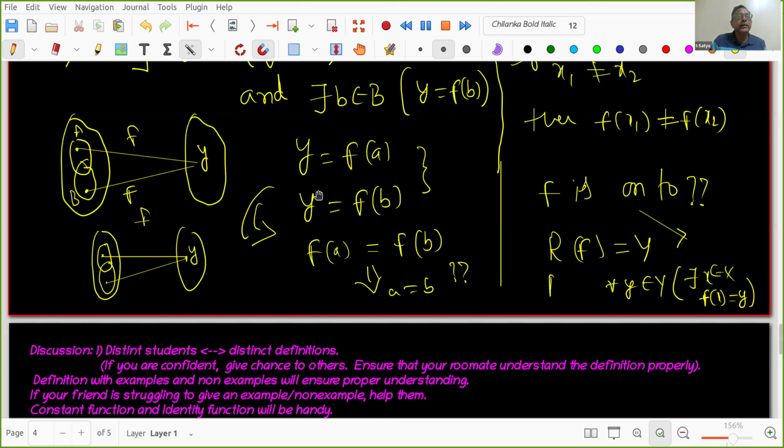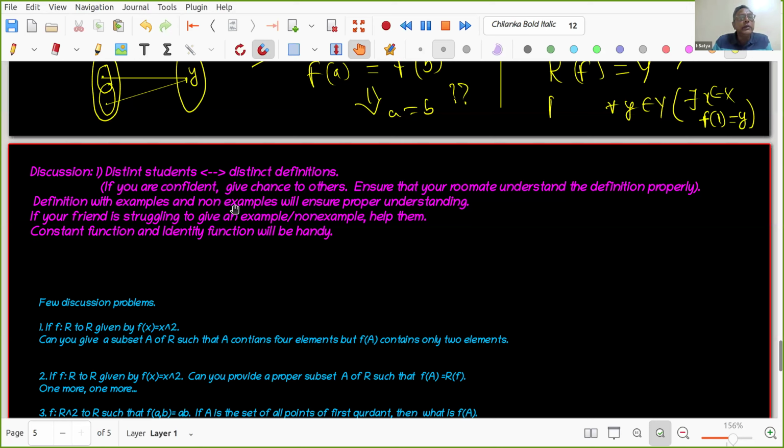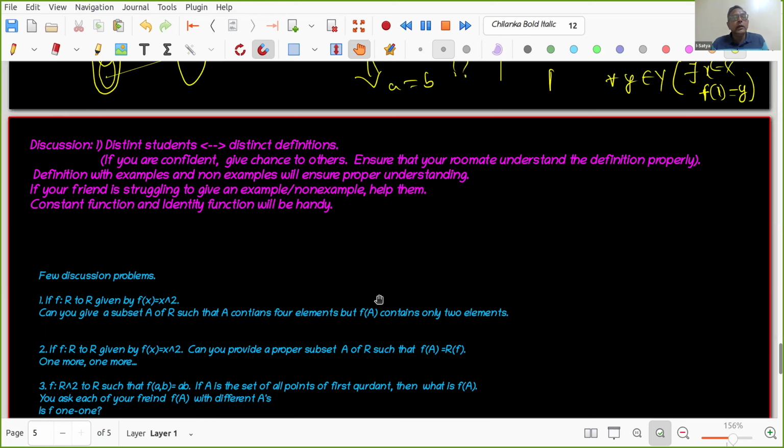Ask your friends to tell you the definition of each of them: function definition, 1-1 definition, onto definition. Ask for definitions also with examples. Then go to other examples and try to look at whether each is 1-1 or not, onto or not. Please, you are not putting in effort.